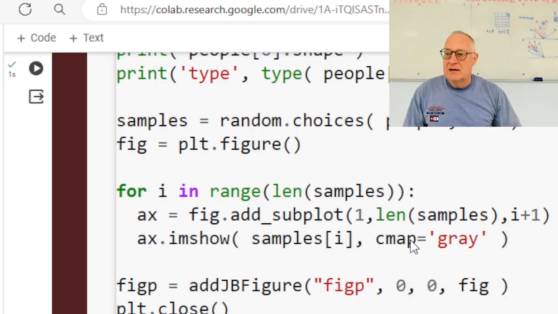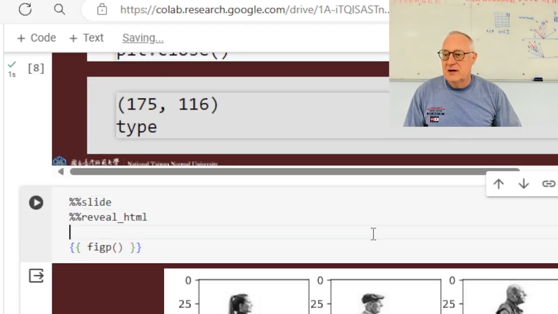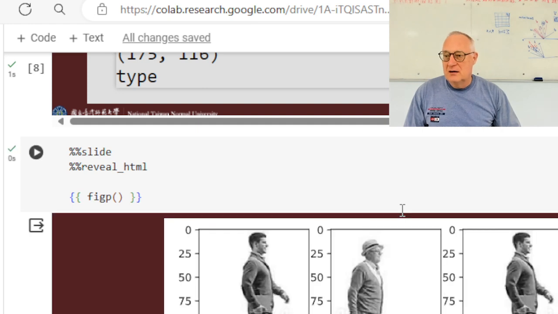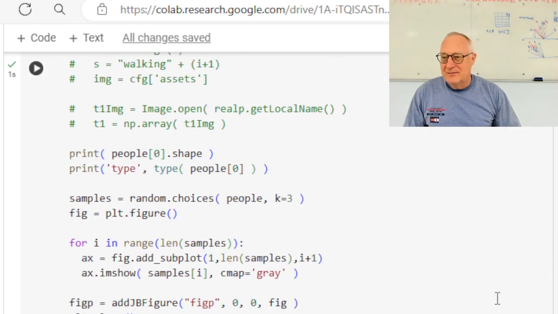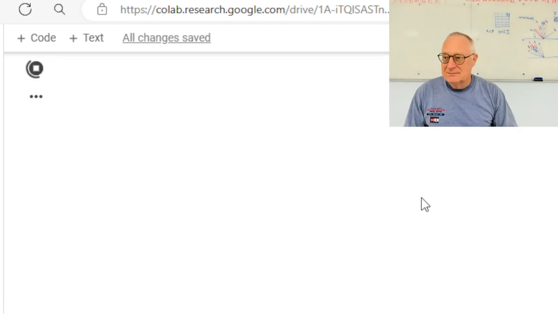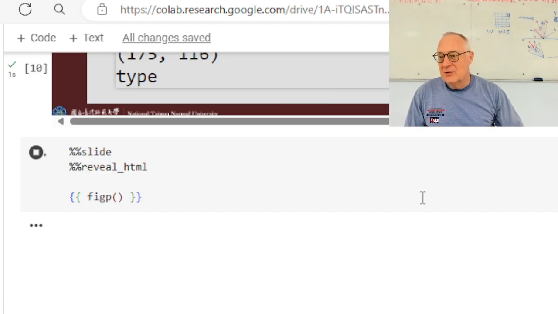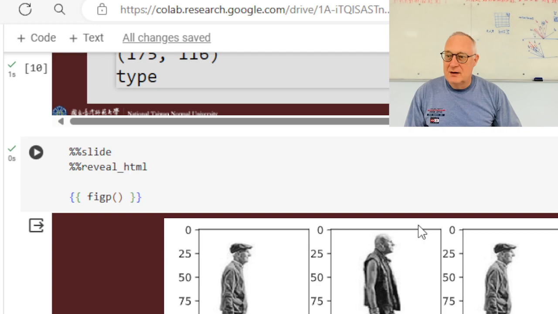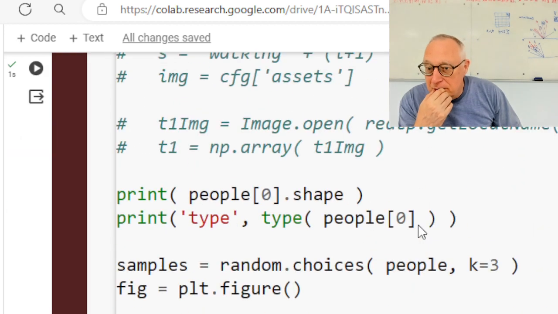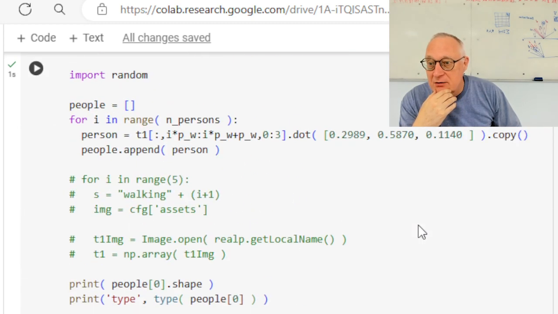So I implemented the data set, and then I can just extract and show 3 people that I selected randomly. In this case, it selected the same picture twice. So I can run it again, and hopefully I get... hey, how come I plot the same guy twice? Random choice, replacement equals false.